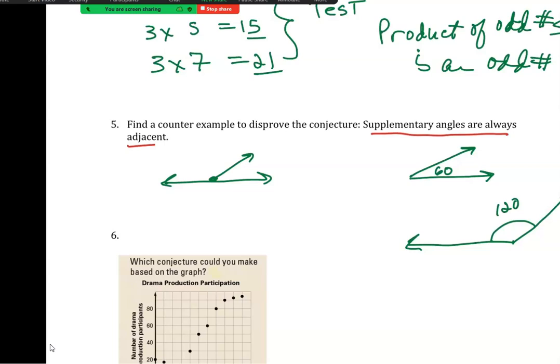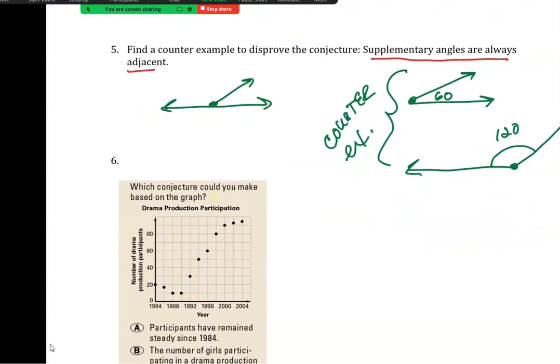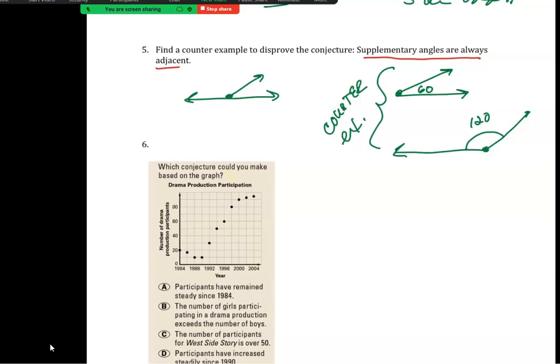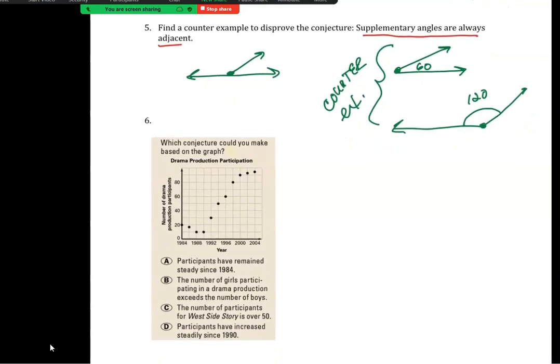They're not sharing a vertex and they're not sharing a common side, but they are still supplementary. So this is your counterexample. Okay? Still supplementary, still add to 180, but they're not adjacent. They're not touching at the vertex, and they do not share a side.